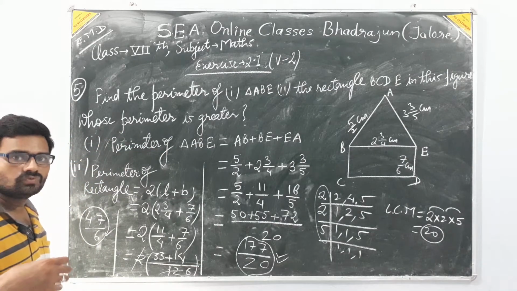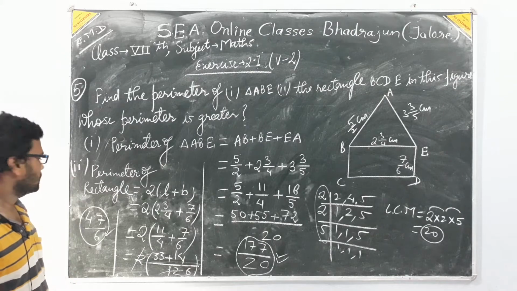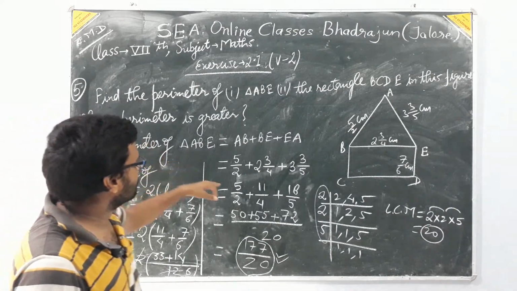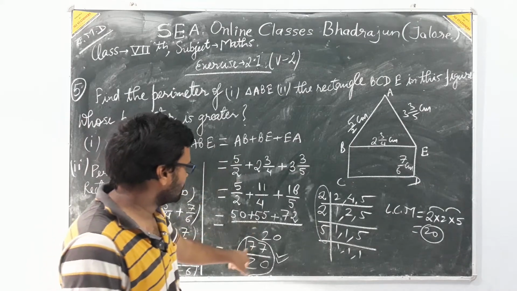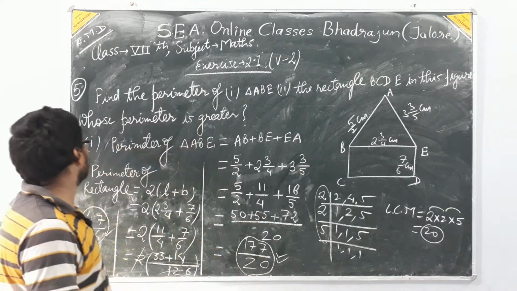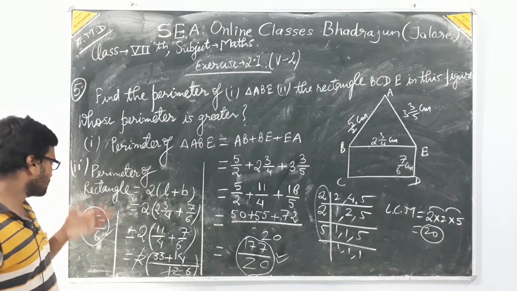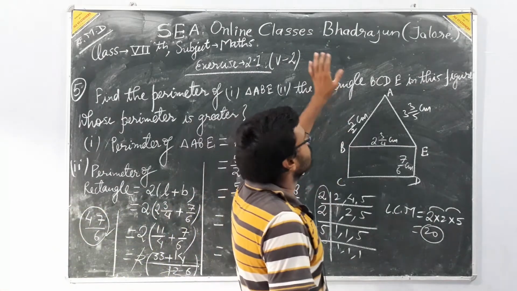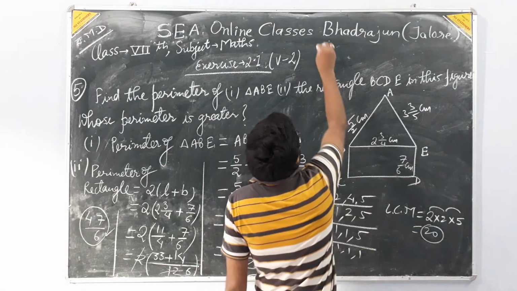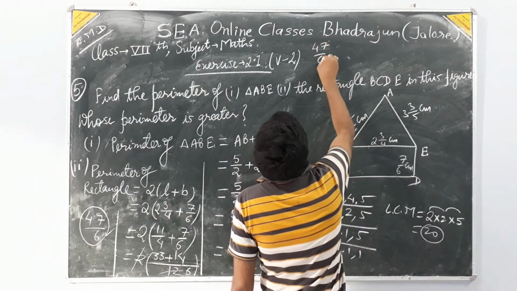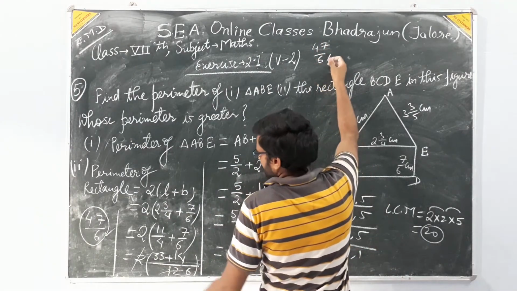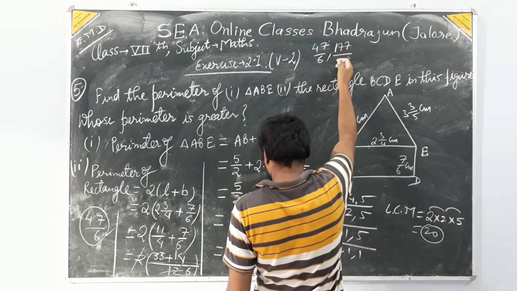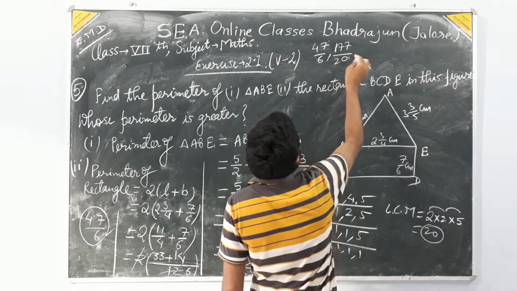We have to tell which number is greater, either the perimeter of the triangle, which is 177 upon 20, or the perimeter of the rectangle, which is 47 upon 6. So we will compare these two, 47 upon 6 and 177 upon 20.